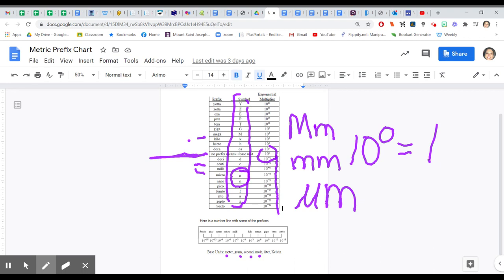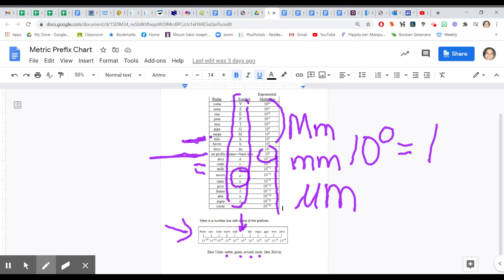And we're going to view these exponents like a number line, and that's why I gave you this sample number line here. So the exponents that are positive are larger than the base unit. Like you might recognize that a kilometer is larger than a meter. Down the bottom here, look at the number line, the base unit 10 to the 0 is right there in the middle.